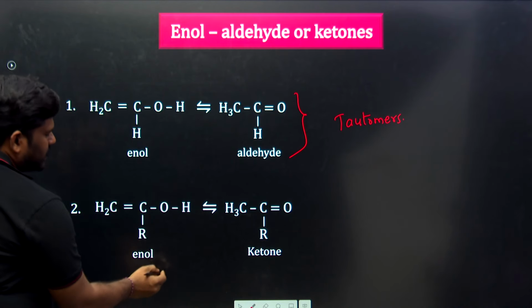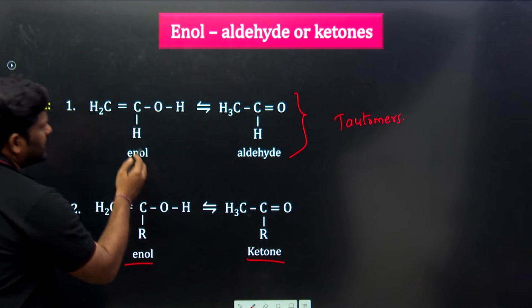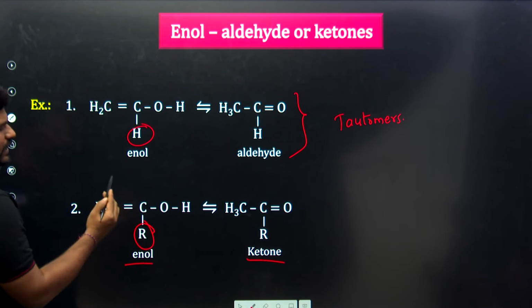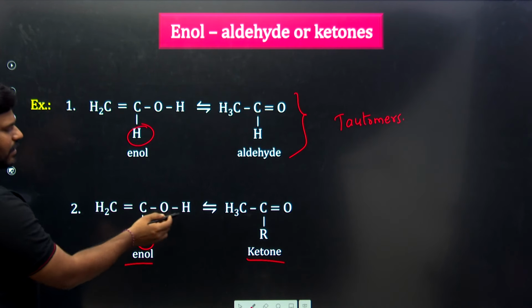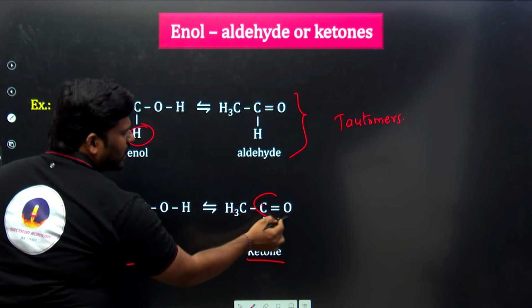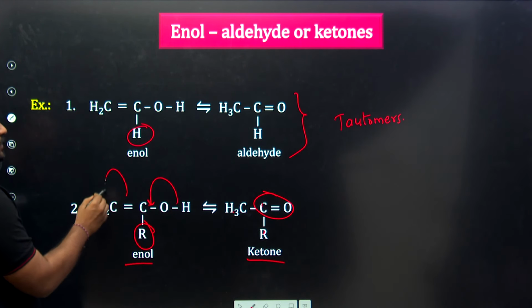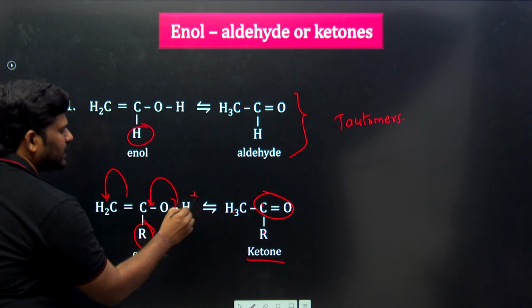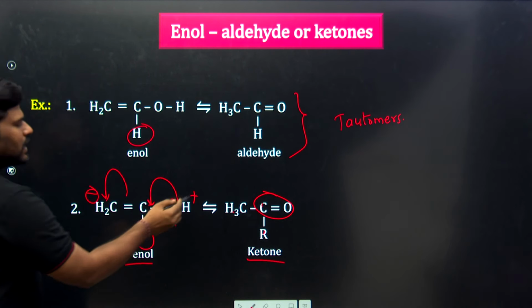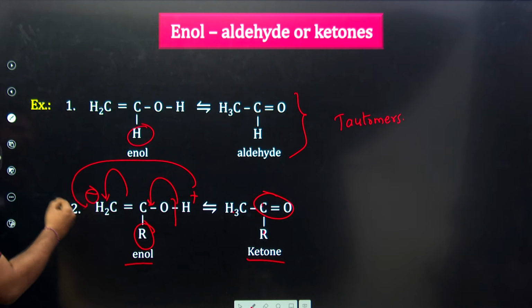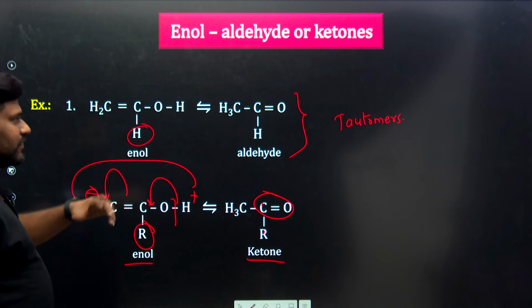Second example, enol and ketone, same thing, just instead of H I am taking the R group. So here enol, R C double bond O R means ketone. Same mechanism here, this one will shift here, it will be cut, here it will be plus, here it will be minus, and automatically it will be attracted by this. Reverse is also possible.